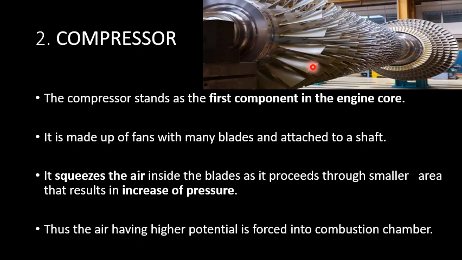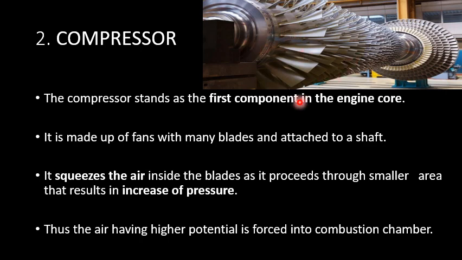When the air coming into the engine first meets the fan, the fan splits the incoming air into two parts, one to the bypass section and the other to the core of the engine. So the air that enters the core of the engine first meets these compressor blades.